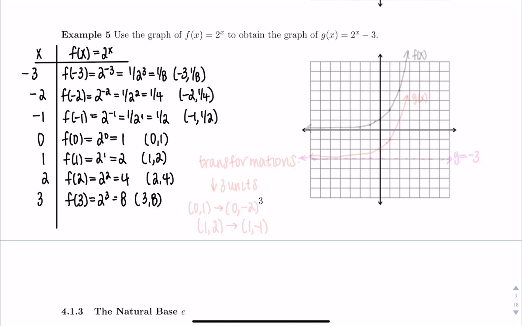So our transformation: you're going to move down 3 units. So let's go ahead and plot the original first.